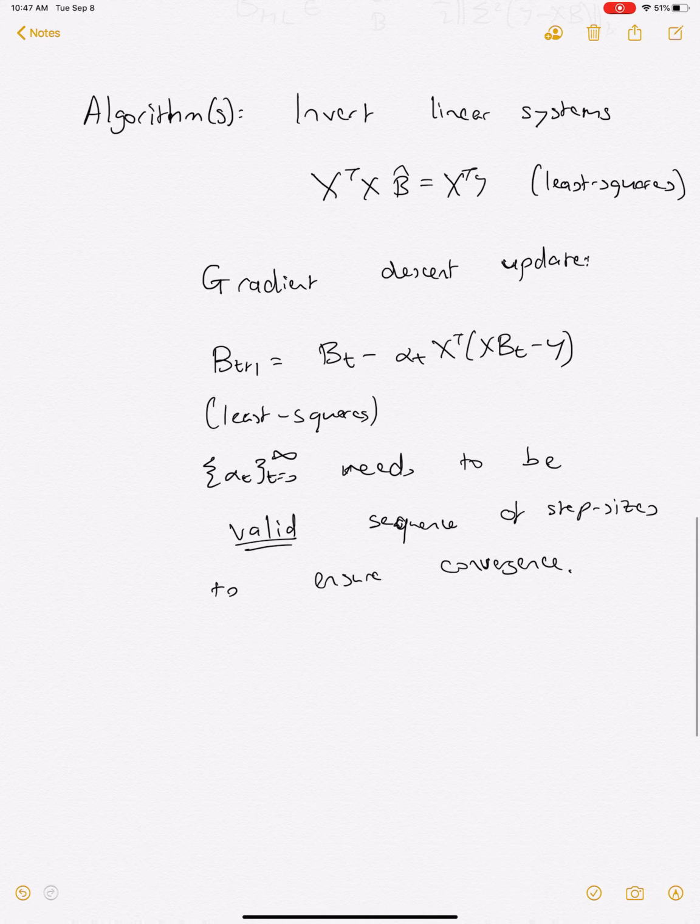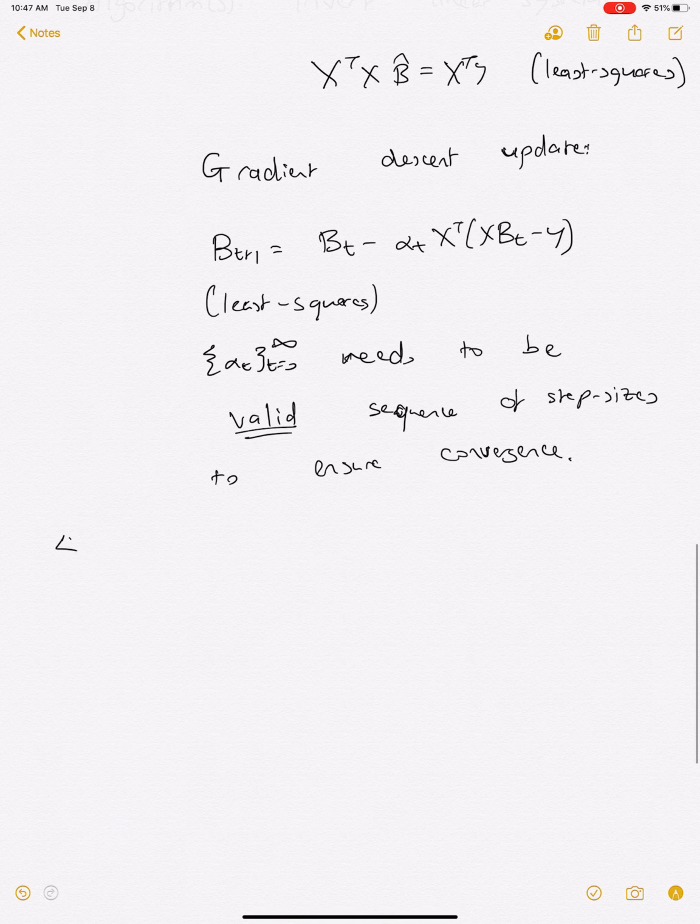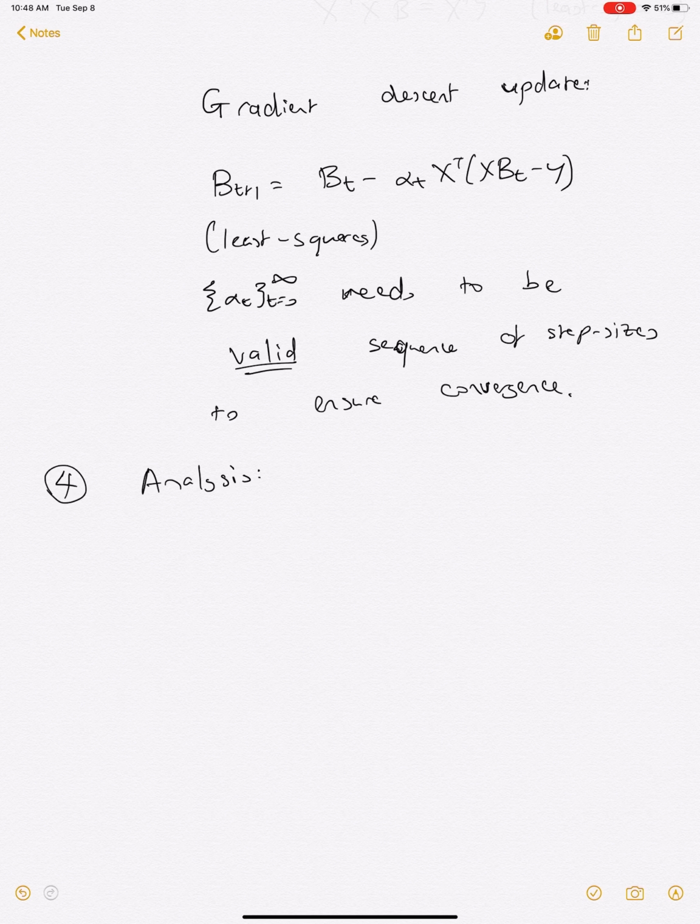Okay. And finally, a couple of lectures ago, we looked at the analysis. And what analysis means is questions like how close is beta hat to B for various scenarios.